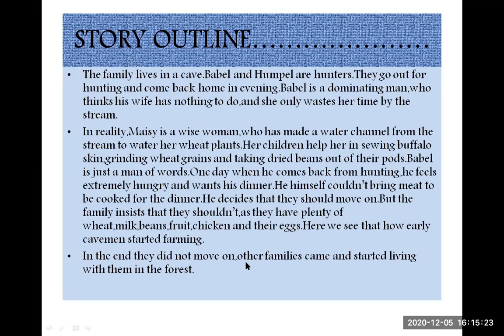And what happened? What actually happened? Other families came and they started living with them in the forest. So we see that how the early men of Stone Age time, they started doing farming, right? So gradually, it was a gradual process, and nowadays people are doing farming with many latest tools.